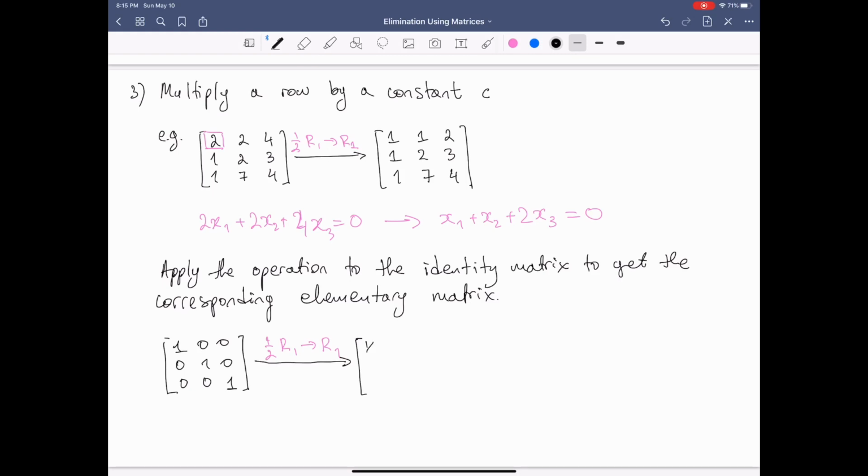So I will get 1/2 in the first position, 0, 0. And then the second and third rows remain the same. So this would be a scaling operation, if you wish, or a scaling matrix, but we still refer to it as an elementary matrix. All right, with this, we'll close this video.